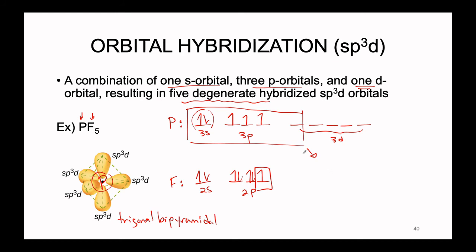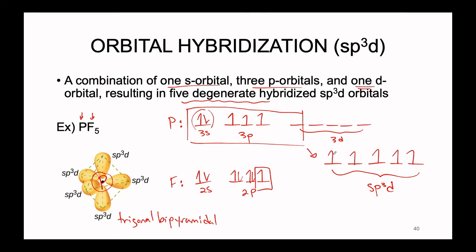This is going to then give us a combination of 1 s, 3 p, and 1 d orbital. 1, 2, 3, 4, 5 degenerate, equivalent sp3d orbitals. And each of the 5 electrons that phosphorus has in its valence shell will be able to spread out 1, 2, 3, 4, 5.